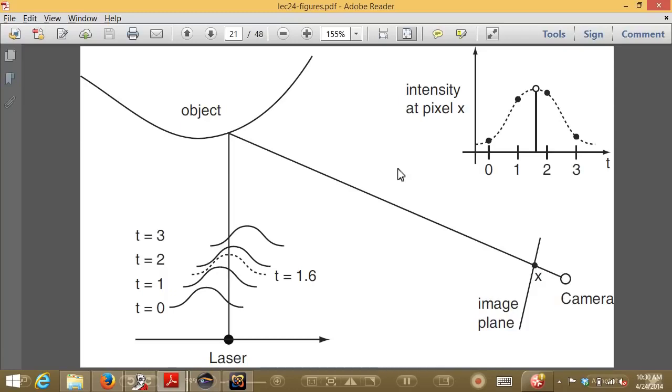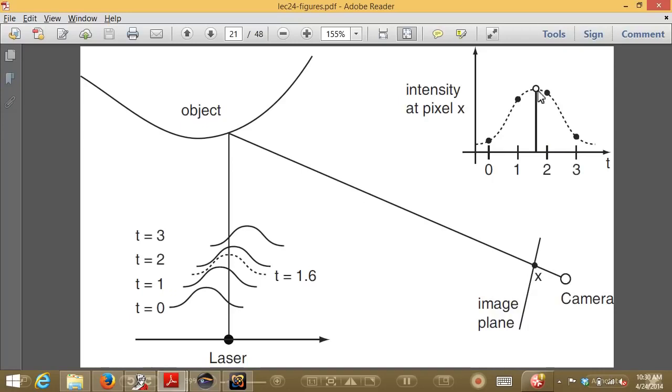It fades off at the edges and it's strongest in the middle. So if I slowly move the stripe across the surface of something, I can look at, over time, the intensity of the stripe as it passes across my pixel, and then I could very accurately localize where the center of that stripe was. That gives me sub-pixel resolution.